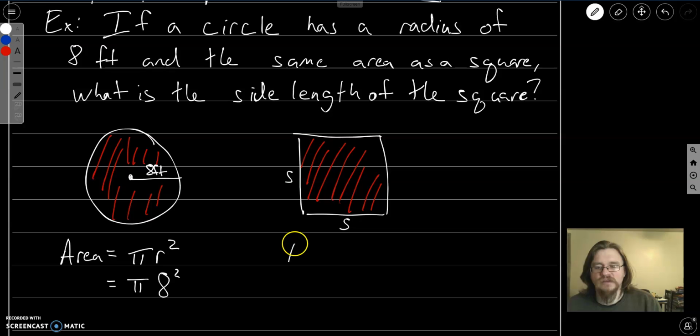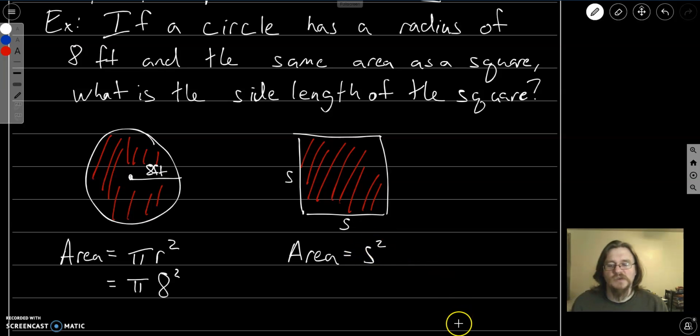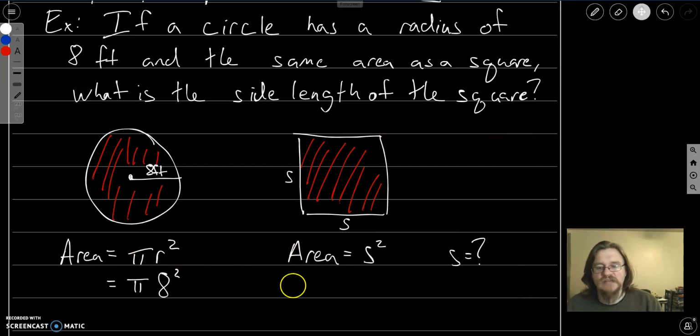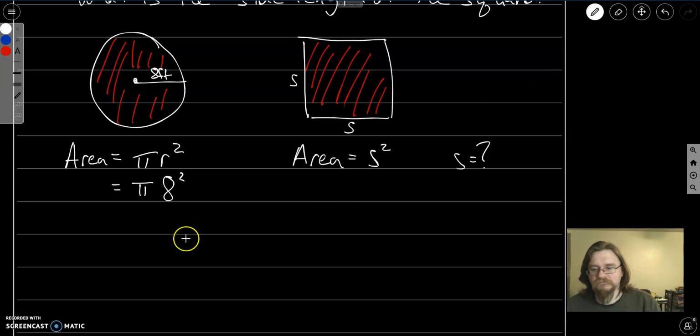Over here, I know that the area of a square is just going to be just like the area of any rectangle. It's just going to be the height times the width. It's just nice because in this case the height and the width are the same. So it's going to be S times S, which is the same as S squared. So the question is, what is S? Well, these two areas have to be exactly the same.